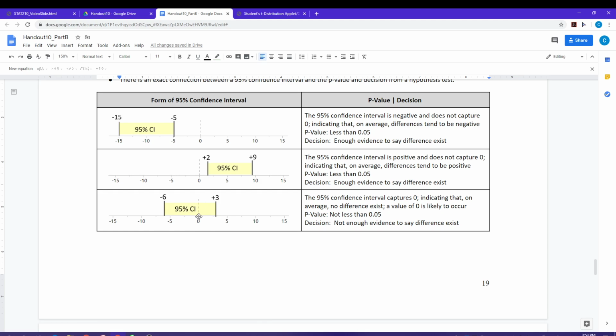That value is somewhat likely in this interval. So in this case, I do not have enough evidence to say a difference exists. So I can actually look at a 95% confidence interval and make a decision about my test by just understanding where that interval is relative to 0.